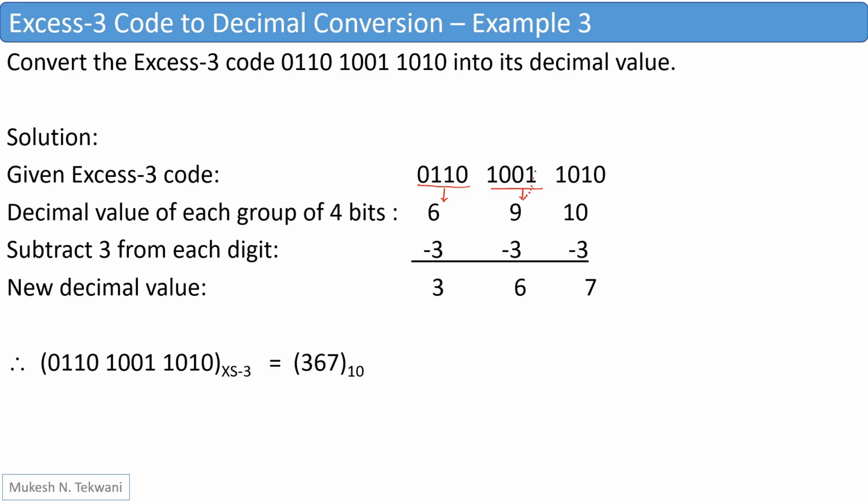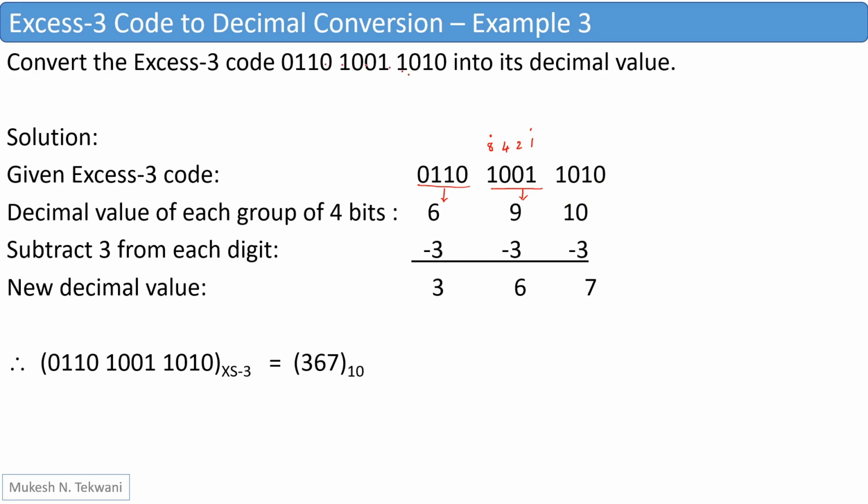We know that the weight of this bit is 1, the weight of this bit is 2, then 4, 8. Since these two bits are 0, the values cancel out, and what we are left with is 8 plus 1, that gives us 9. In a similar way, 1010 will have a decimal value of 10.